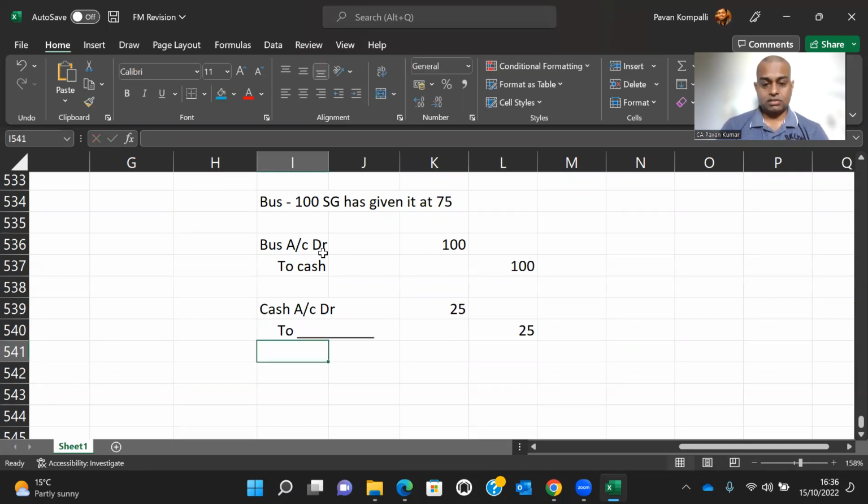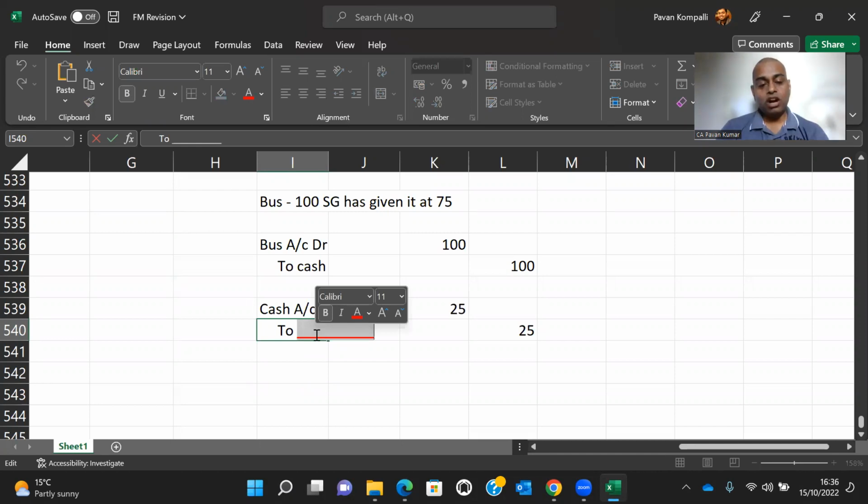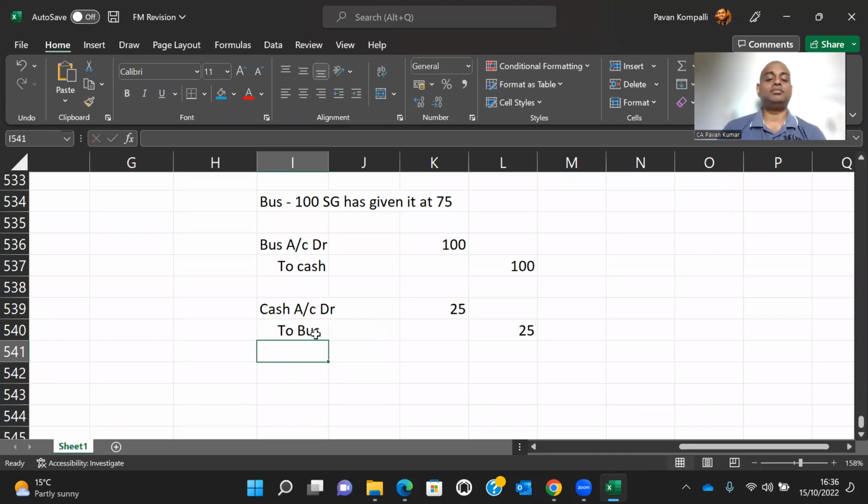Someone is saying capital reserve. I can tell you only one thing: capital reserve is not a dustbin. We can reduce the cost of the asset. So here what is to be credited? Bus.